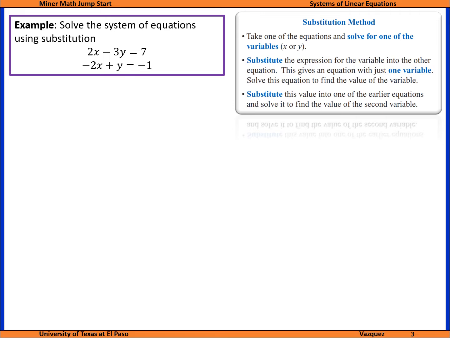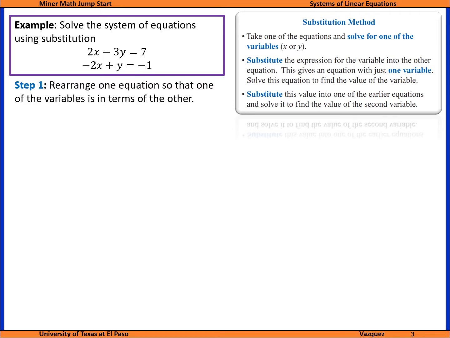Say they're asking you to solve a system of equations using substitution. How do we do that? We have the steps to our right. Step 1: rearrange one equation so that one of the variables is in terms of the other.